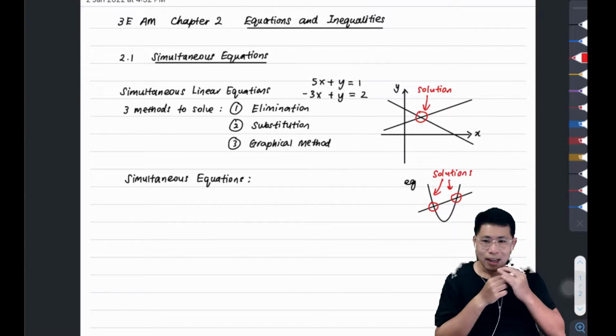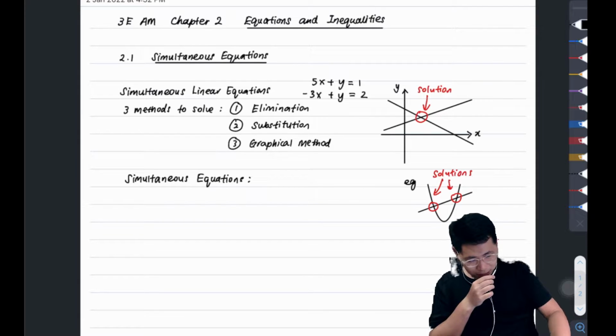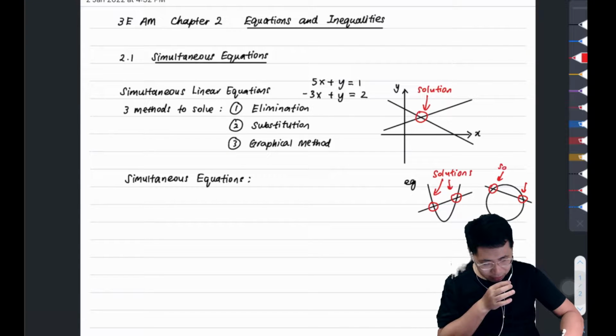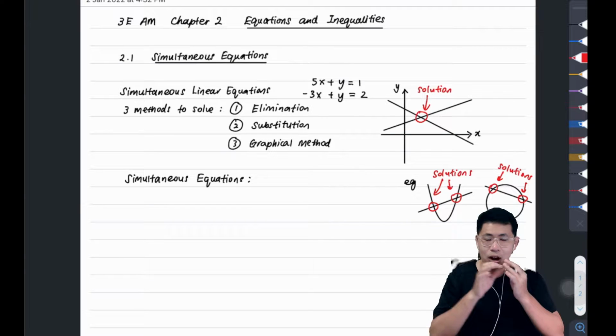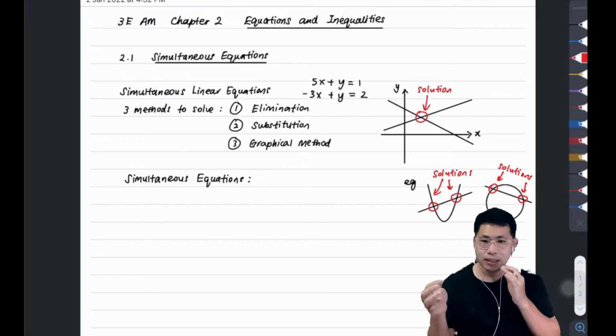Another example would be the equation of a circle, and I have another line passing through this circle. Same thing, by solving these 2 simultaneous equations, I will obtain the coordinates of the intersection points; the solutions from doing it algebraically will give me the intersection points.